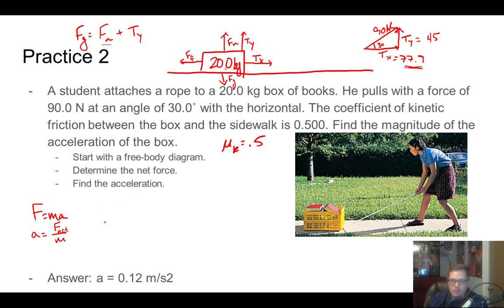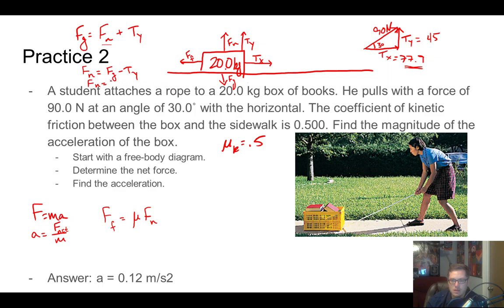Well, we know that the force of friction is equal to mu times the normal force. And mu is equal to 0.5. They give it to us right here, but we need to find the normal force. But we know the normal force is equal to Fg plus Ty. So to solve for that, we can say that Fn is equal to Fg minus Ty. All right. So that means Fn is equal to Fg. Well, that's the force of gravity.